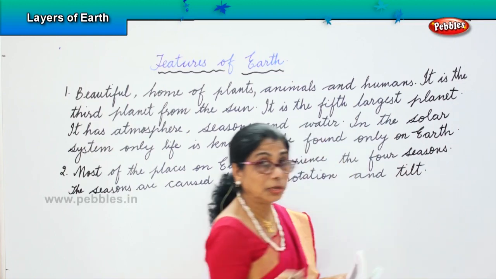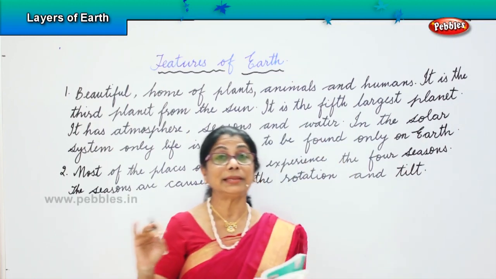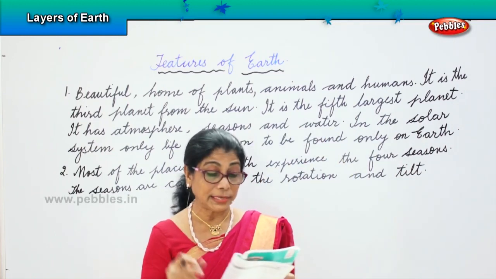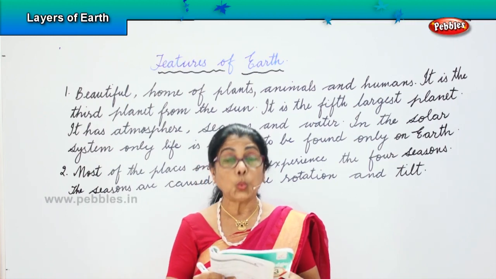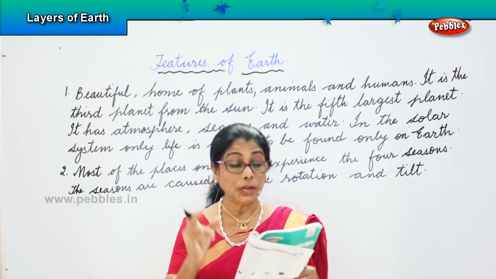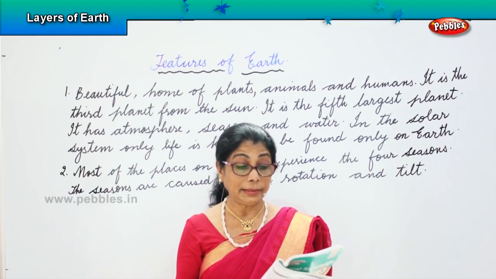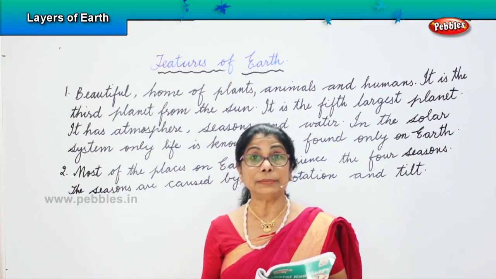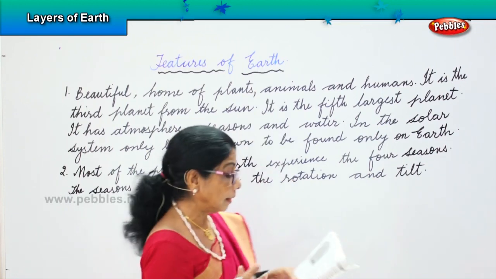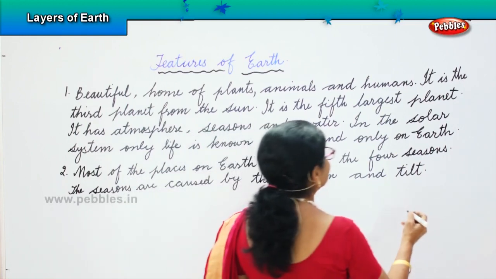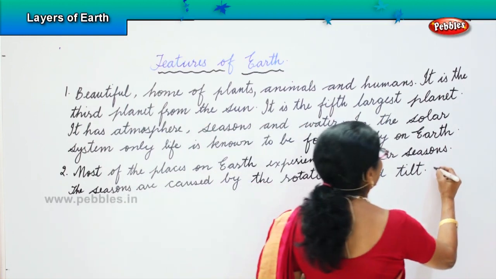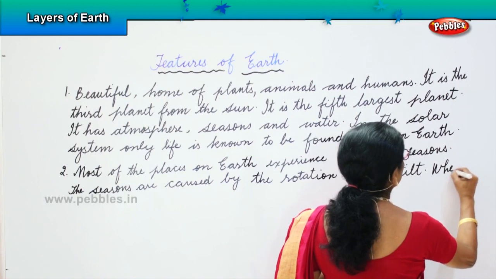The earth rotates on its own axis and is also slightly tilted. So the seasons occur. When it is winter in the northern hemisphere, it is summer in the southern hemisphere, and vice versa.